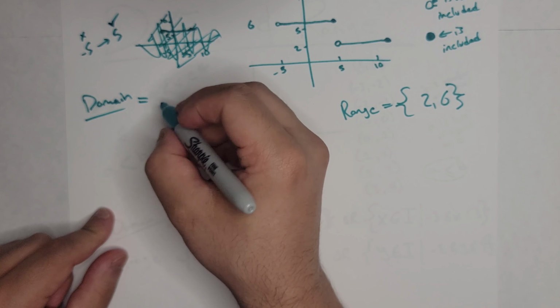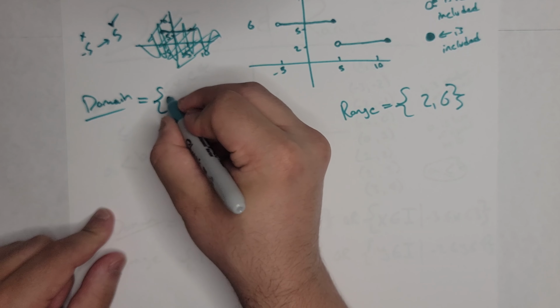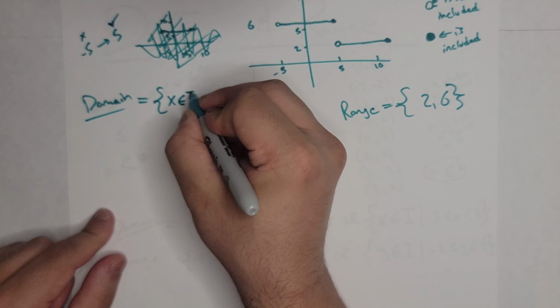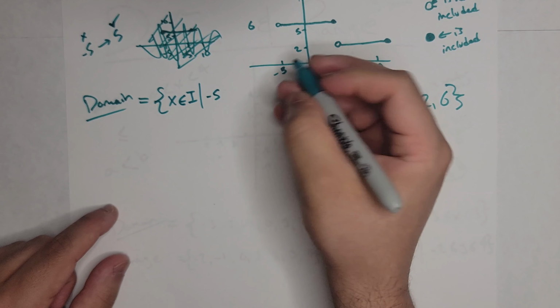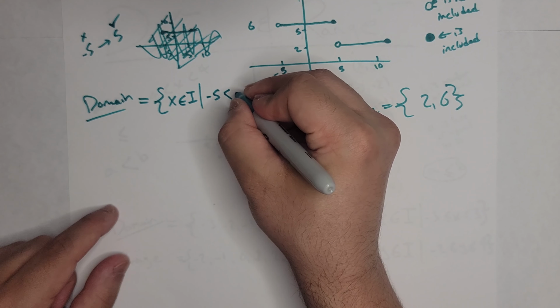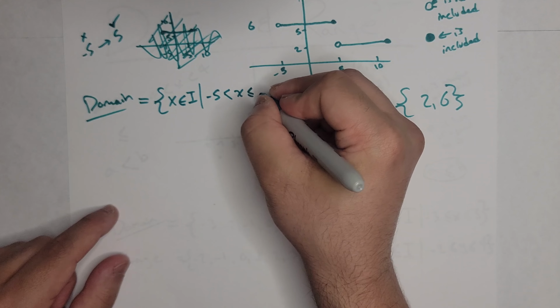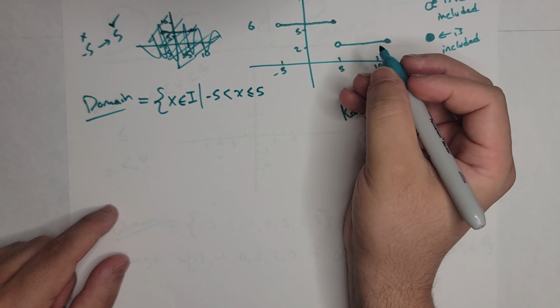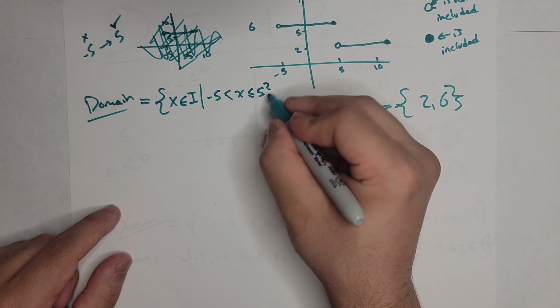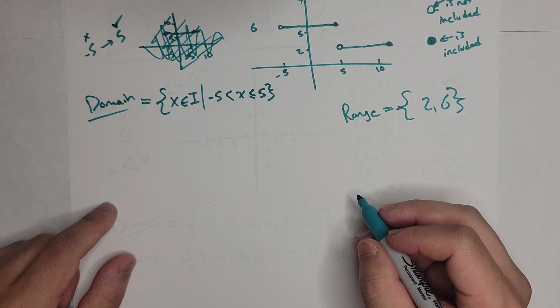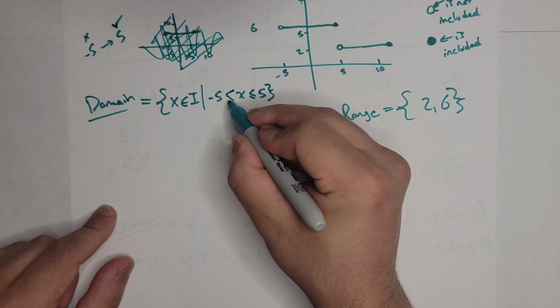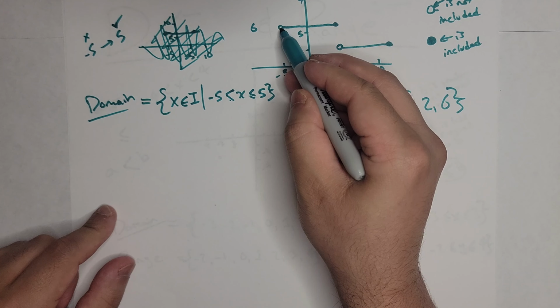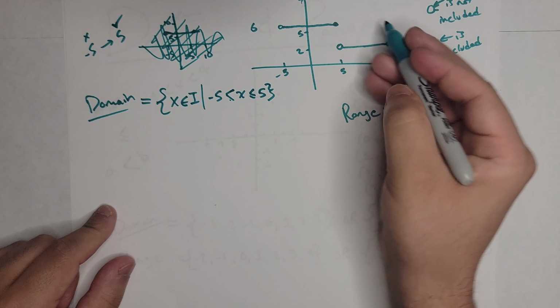So if you were to write that, we could write... You'll notice I didn't put the equal sign here because this negative 5 is not included.